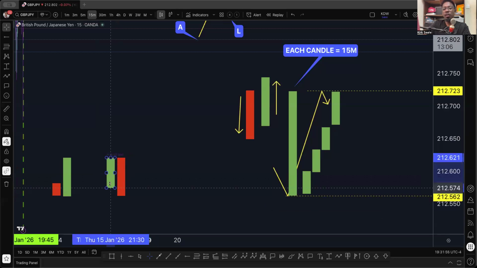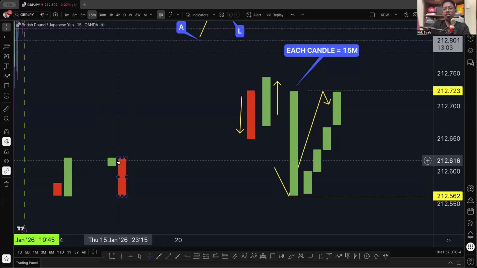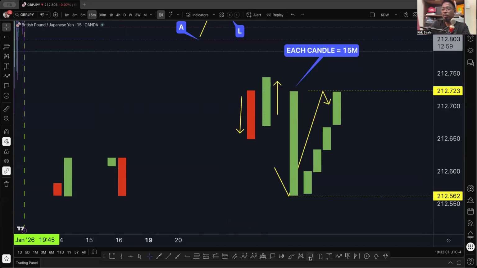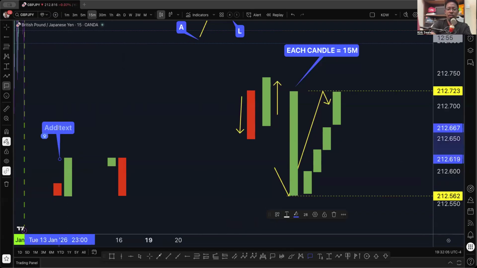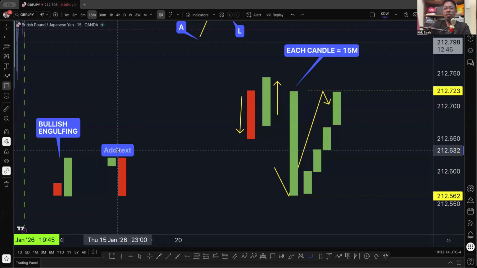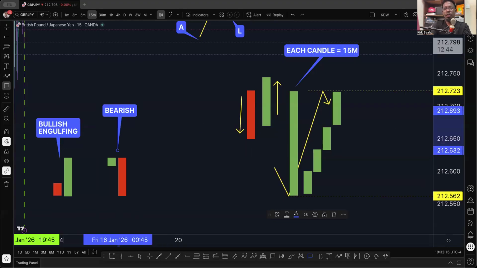We start with a bullish candle, so we start with a green one, but then we end with a red one. So this is an example of a bullish engulfing candle, and this is a bearish engulfing candle.